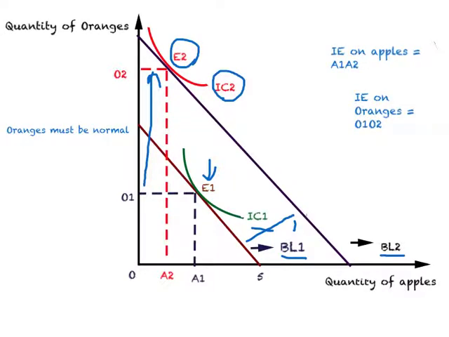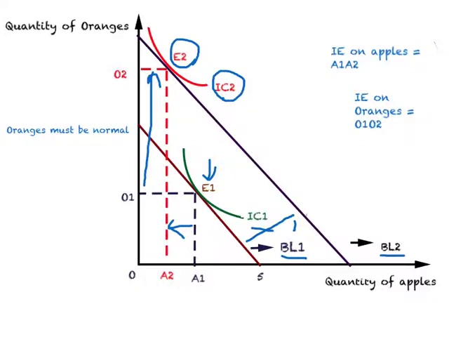What about apples? Here what you find is the following. When there's an increase in real income, what happens to consumption of apples? It has fallen. So there's an increase in real income and consumption of apples falls.